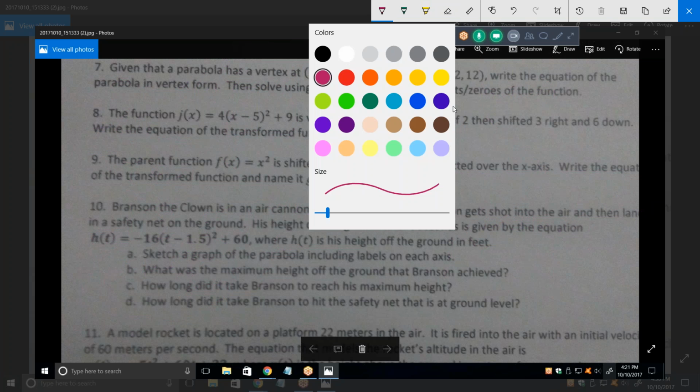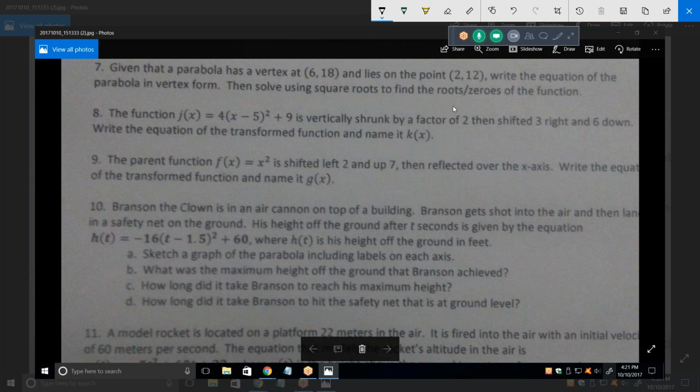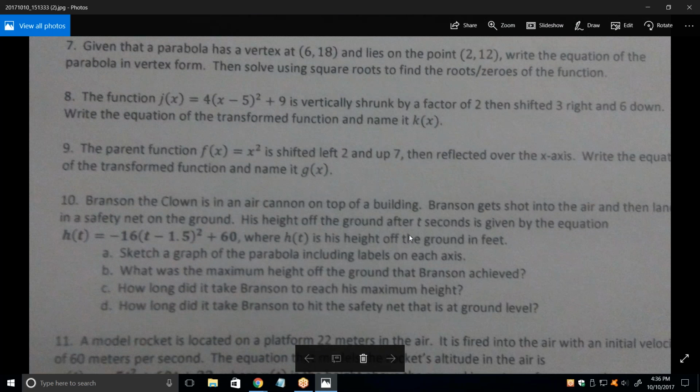Switch to black ink. I don't like the way this ink's showing up on this page. So, if I can't scroll up here. Does the next page begin with 11 or not? Yes.